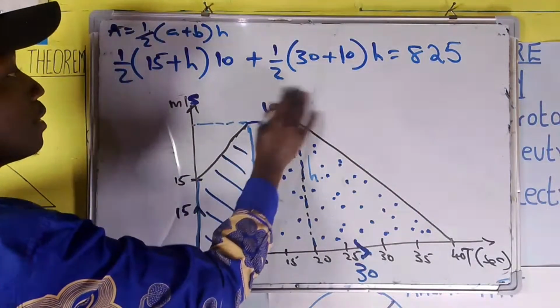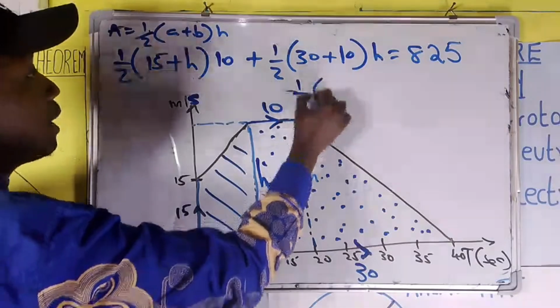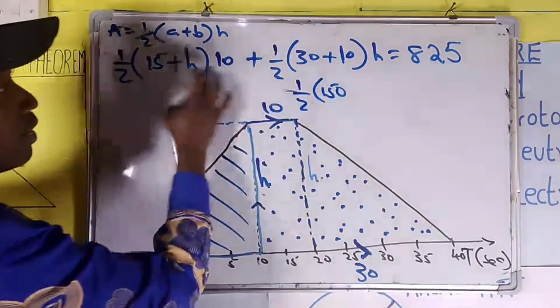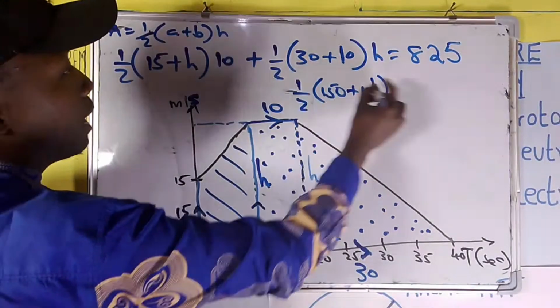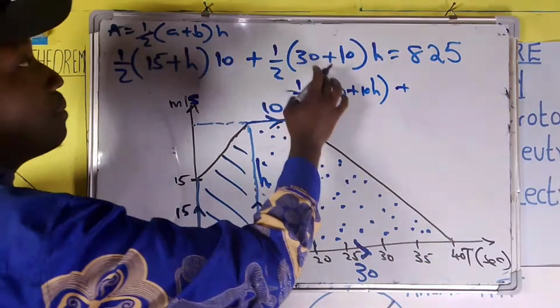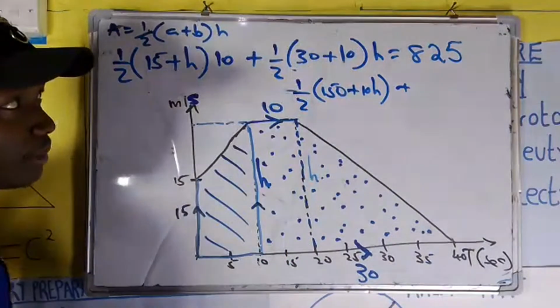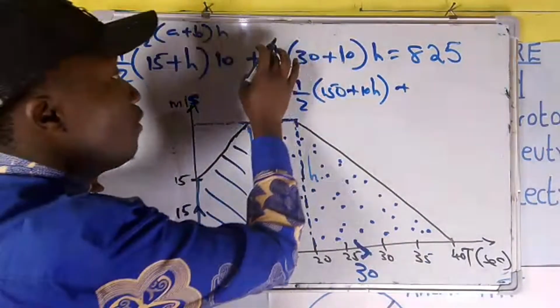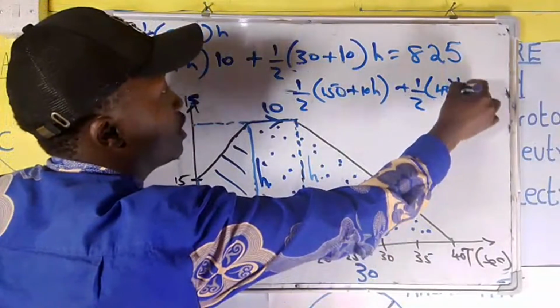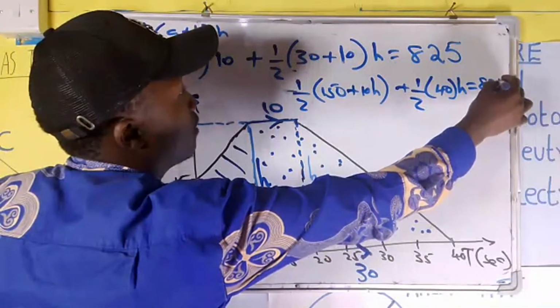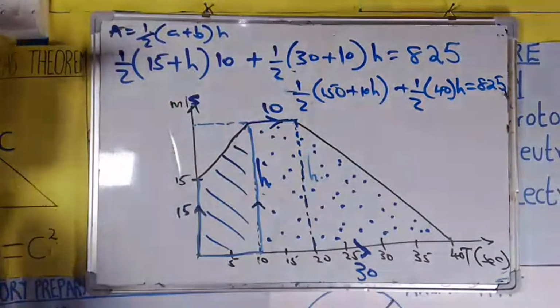So it is a half into brackets 150 plus 10h, plus 30 plus 10 is 40, a half of 40h, is equal to 825.